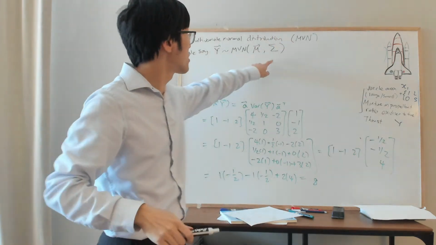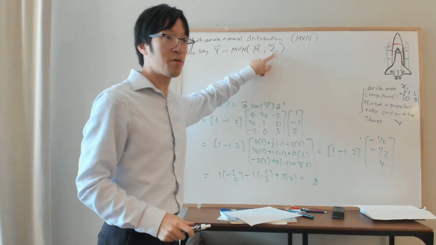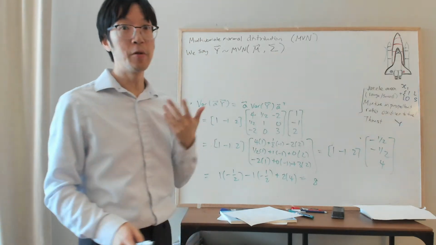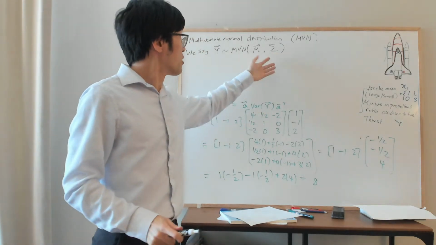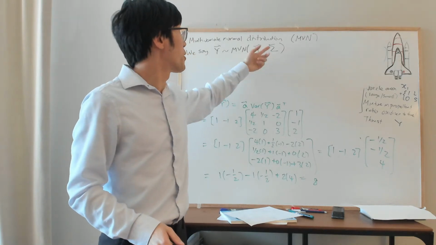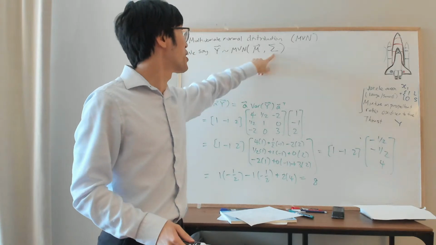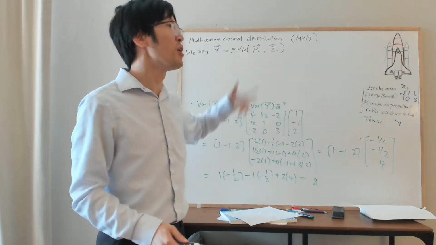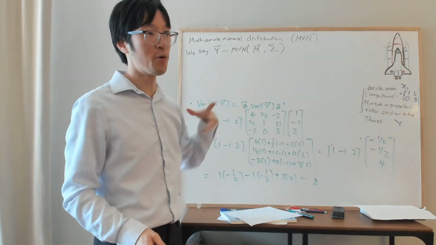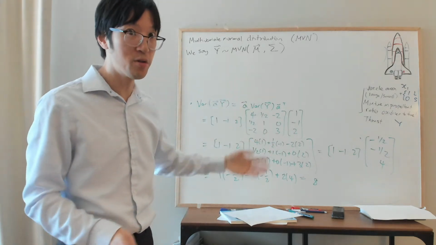Okay, so notice that this is capital sigma. So when we used the normal distribution, we would write sigma squared here. So this is in the Greek alphabet, this is the capital of that. So we'll use capital sigma to refer to the covariance matrix.